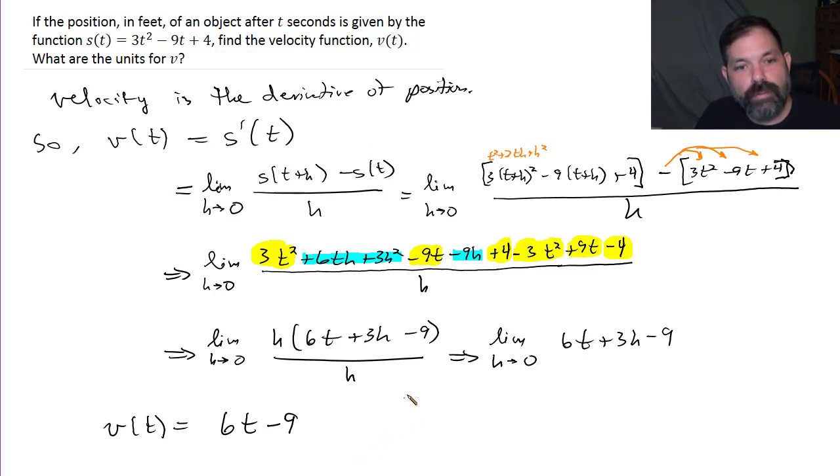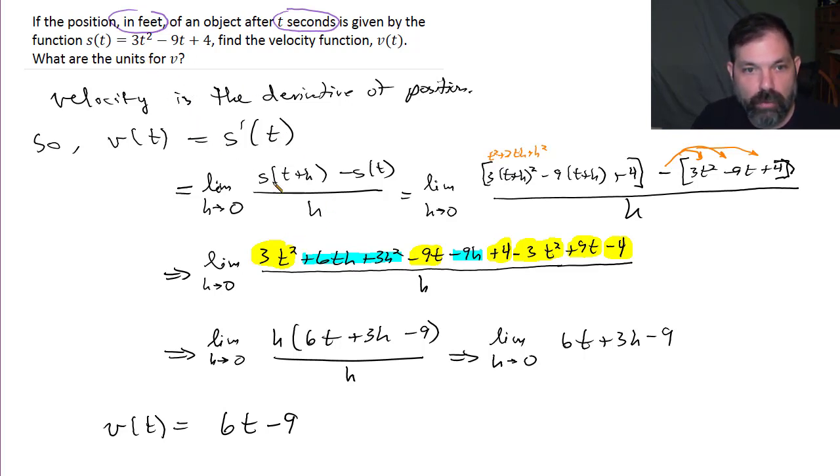What are the units on v? Well, the position was in feet, in an object after t seconds. The velocity, remember, is the derivative of the position, it's a rate of change.